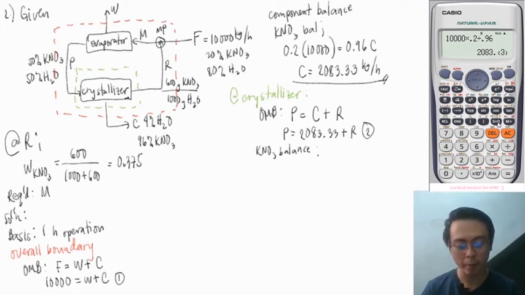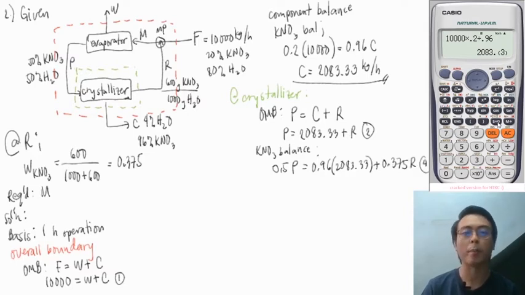So what do we have? We have 50% of P is equal to 96% of C. So 96% of 2083.33 plus 37.5% of R, so 0.375 R. This is our equation 4.